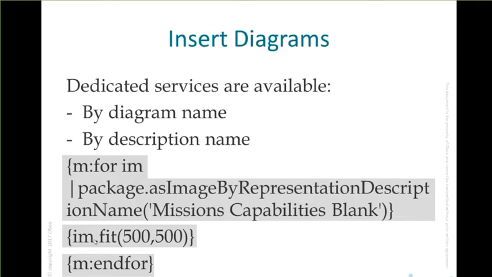Please note that the images that are retrieved that way can be fit to a certain dimension to make sure that they will not be too large for the page of the document in which they are generated. So it's recommended to fit them to a certain size so that your diagrams have a correct size in the generated document.